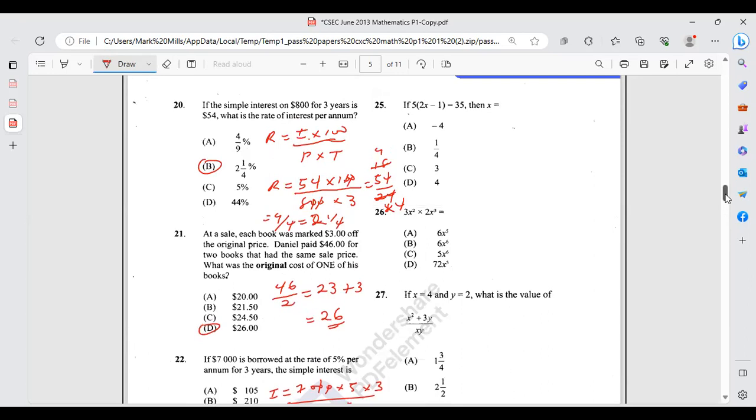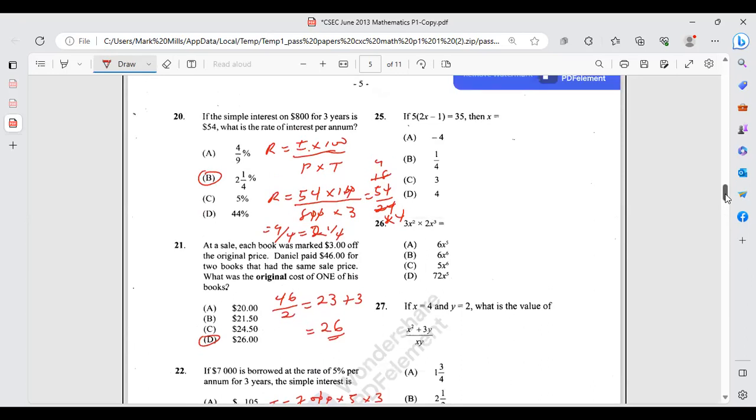All right. 25. Five bracket 2x minus 1 is equal to 35. Five times 2x, what do we get? 10x. 5 times -1 is -5, equal to 35.